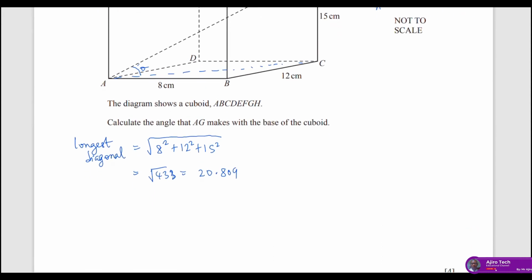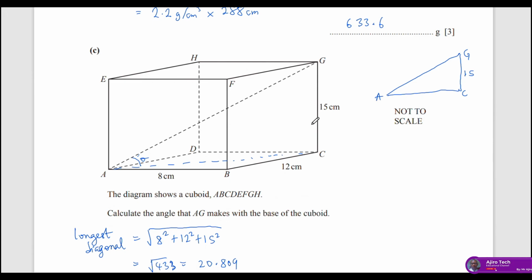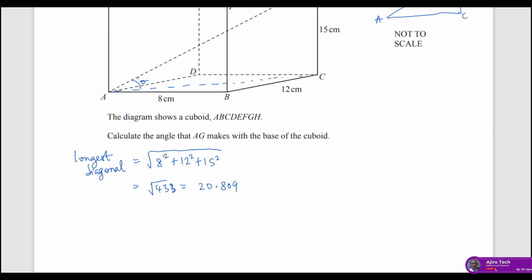Now to find that angle, this is 20.809. So we have opposite and hypotenuse. Sine theta should be opposite over the hypotenuse, which is 15 over root 433.